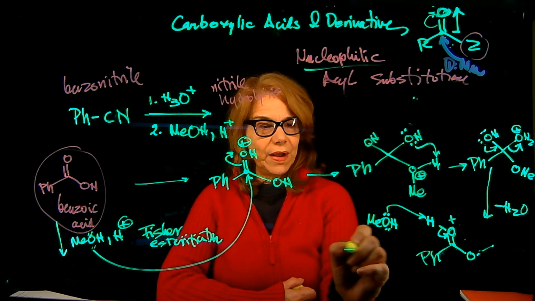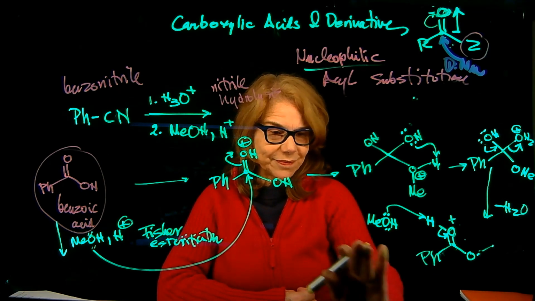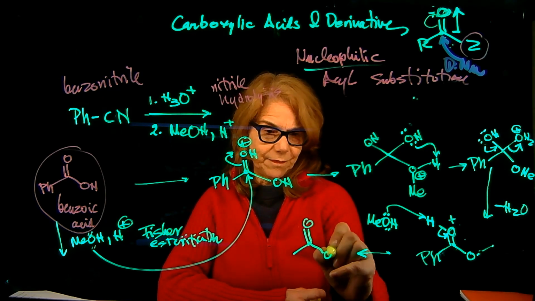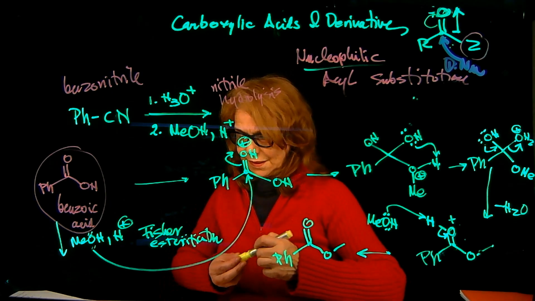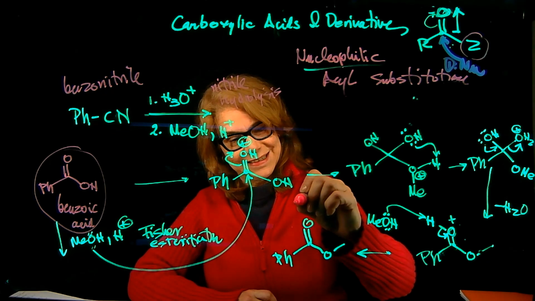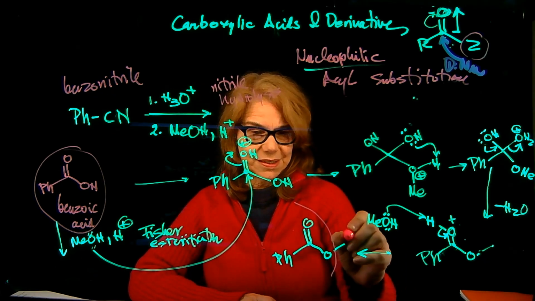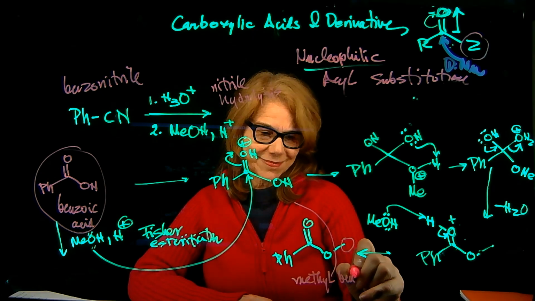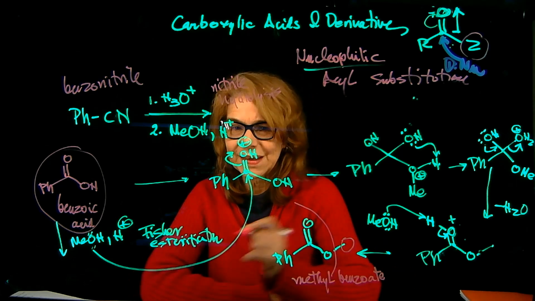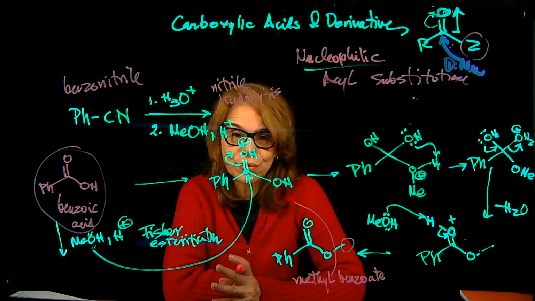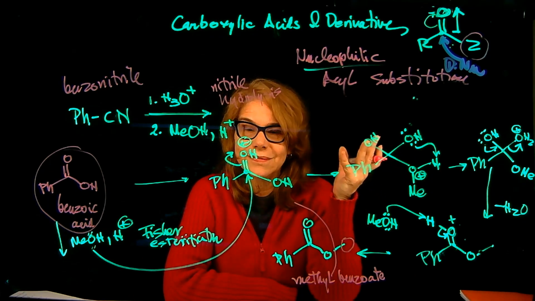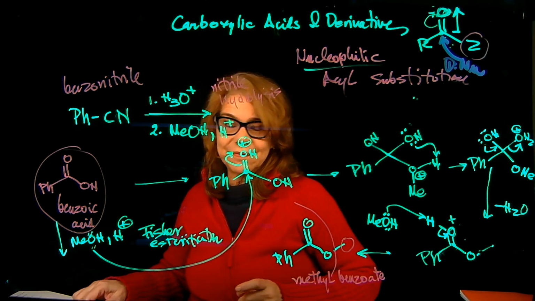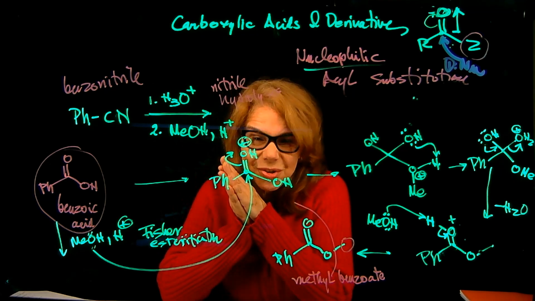So the final product of all this reaction is an ester, and here to name that, this is coming from benzoic acid, so this is methyl, so we're going to say methyl benzoate.